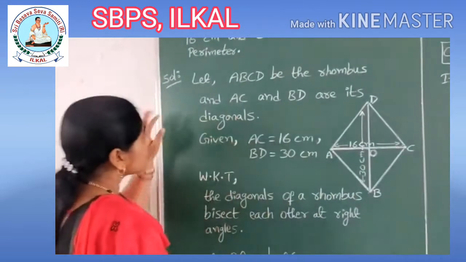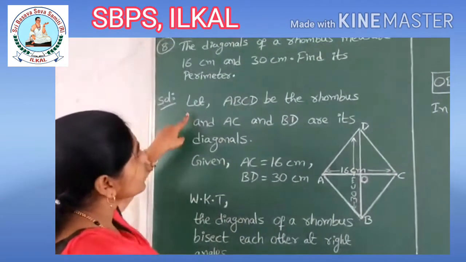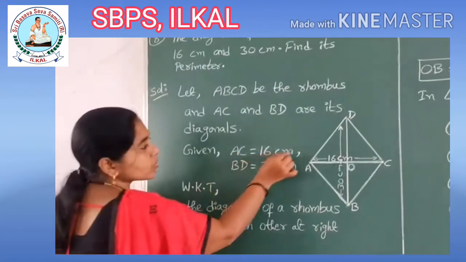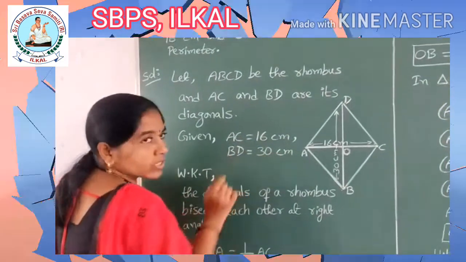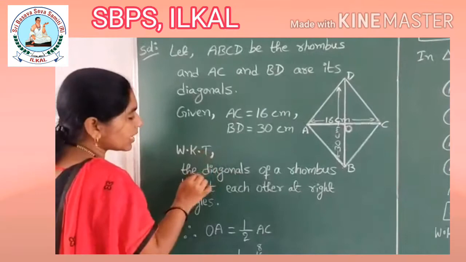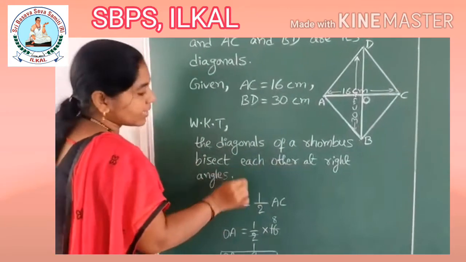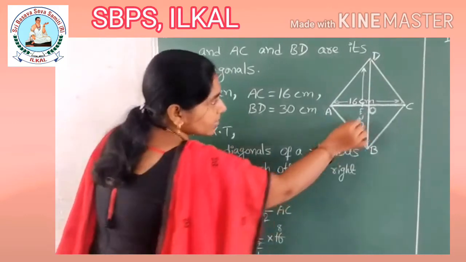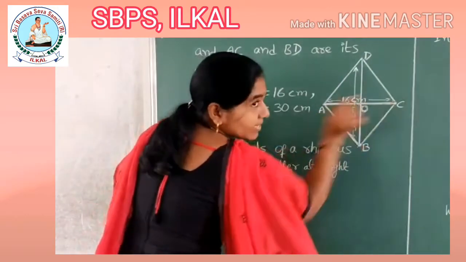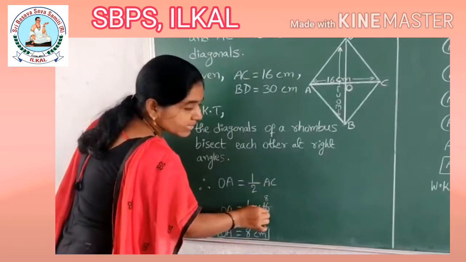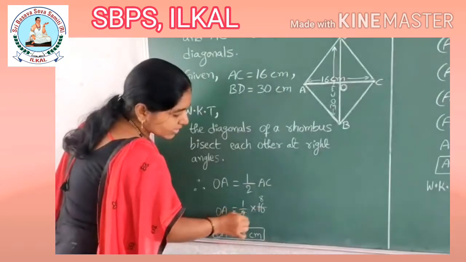Solution. Let ABCD be the rhombus and AC and BD are its diagonals. Given AC is equal to 16 cm, BD is equal to 30 cm. We know that the diagonals of the rhombus bisect each other at right angles. Then OA is equal to half AC. Then OA is equal to half into 16. 2 ones are 2, 2 eights are 16.